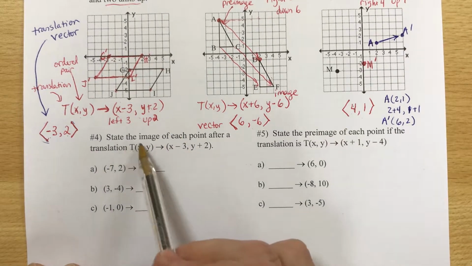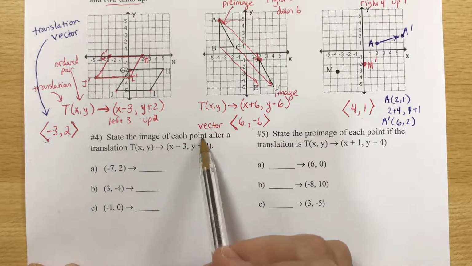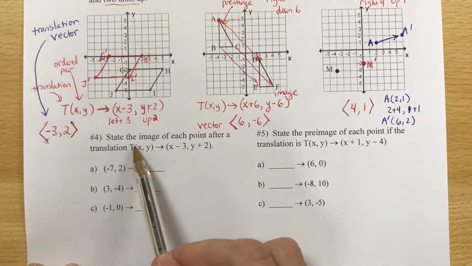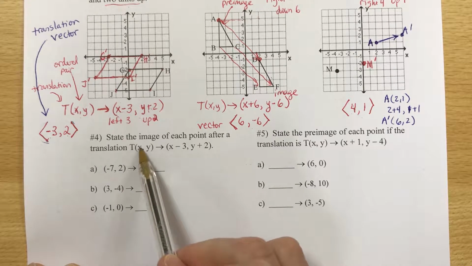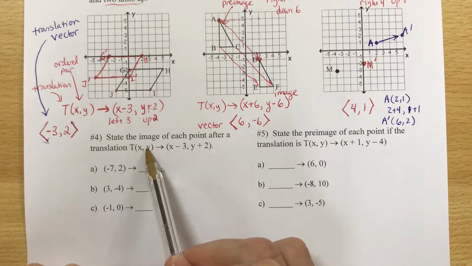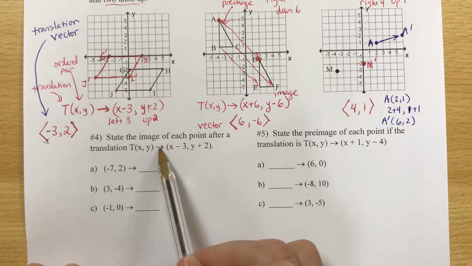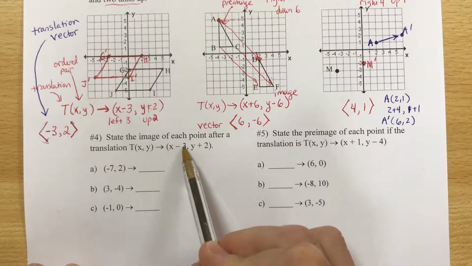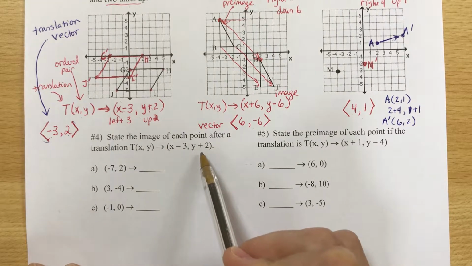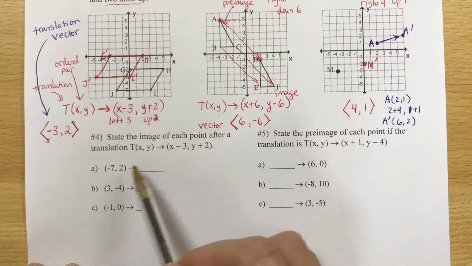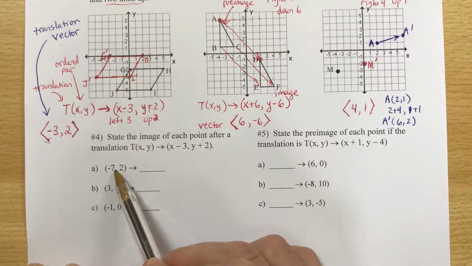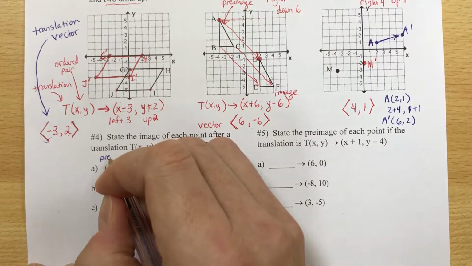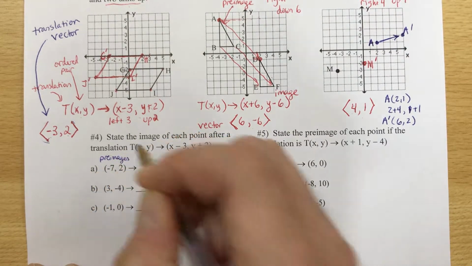For number 4, it says state the image of each point after a translation t. So we're going to take our xy's, our ordered pairs, and we're going to change them x minus 3 and y plus 2. Now, one thing you can do, we're going to take each of these. These are the pre-images. This is where we're starting from, and they're saying find the image.